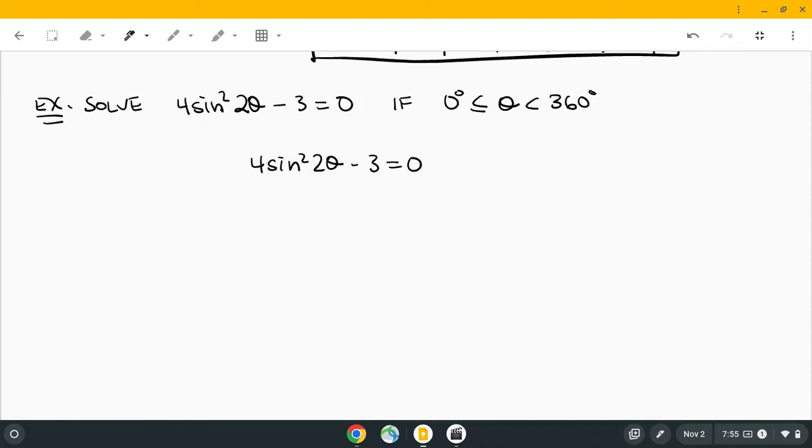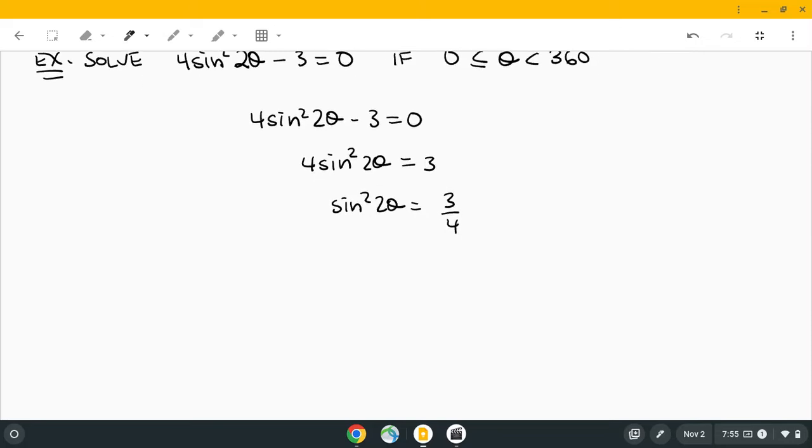I'm going to add 3 to both sides, that way I can get the trig function by itself. Divide both sides by 4 and get 3 over 4. Now take the square root of both sides.